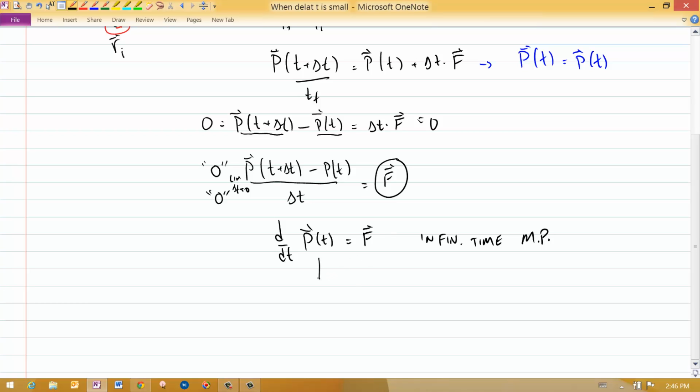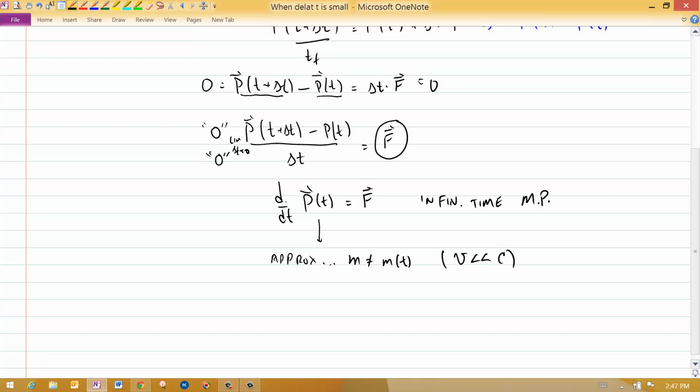This was originally discovered by Isaac Newton under special circumstances. So there's an approximation that the mass of the object is not time dependent, and the velocity is much, much less than the speed of light. If both of those things happen, then I can tell you an expression for what the momentum is. I would have d by dt of m times v of t is equal to the force.